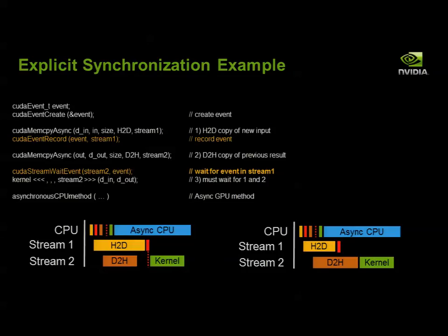So even if the execution in stream 2 doesn't take the full time, with this stream wait event, you can tell stream 2 that it has to wait for the event in stream 1 to occur. So that's a mechanism of synchronizing the two independent executions in stream 1 and stream 2.